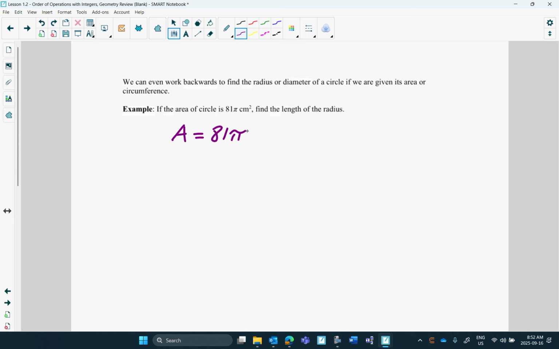I think this is a minus, or times 3.14, or divided by 5.